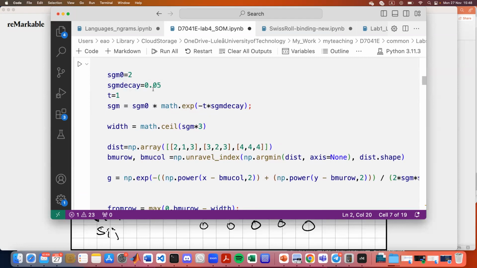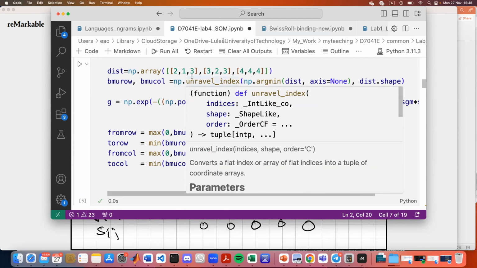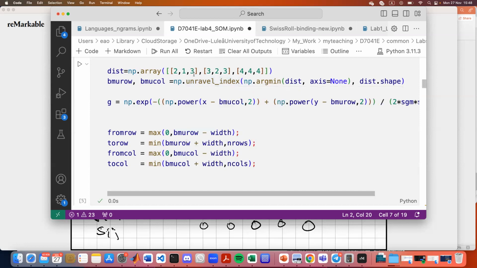I will tell about sigma decay soon. But maybe this is more important. This is not an input, this is the result of calculation of this distance, just made up for clarity.